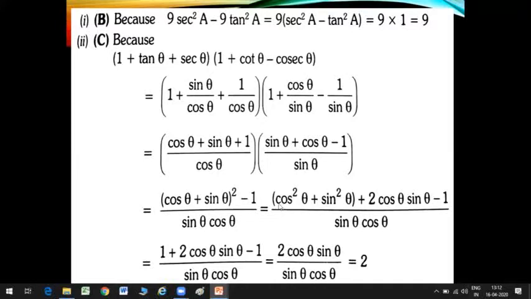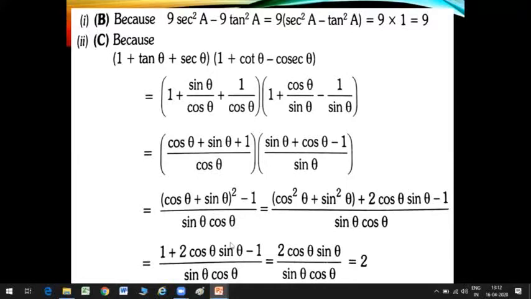Now open the identity: (cos θ plus sin θ)² is (A plus B)², which is A² plus B² plus 2AB. So cos²θ plus sin²θ plus 2 cos θ sin θ, minus 1, divided by sin θ cos θ. Cos²θ plus sin²θ is equal to 1, first identity.